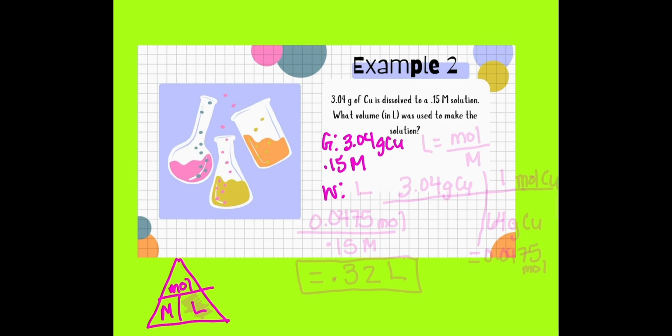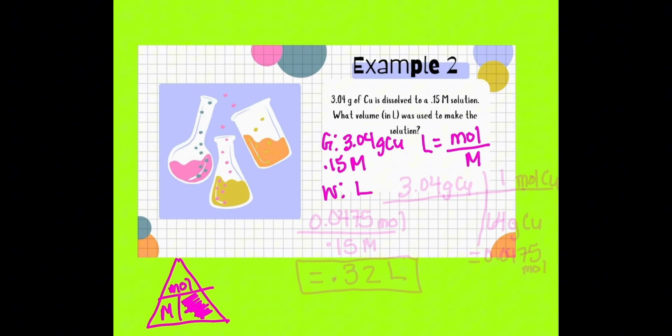So if I'm looking for volume, that means I'm looking for liters. Since I'm looking for the liters, I'm going to cover up what it is that I'm looking for, which now identifies what my formula is going to be. So my formula is going to be L equals mole over molarity.